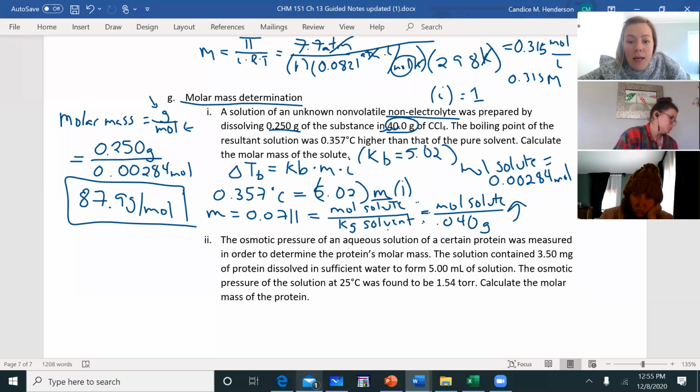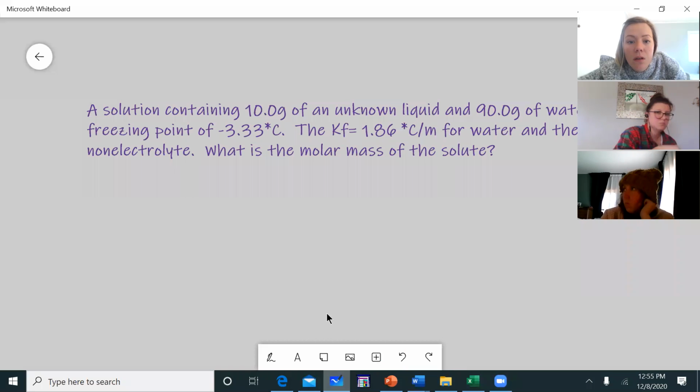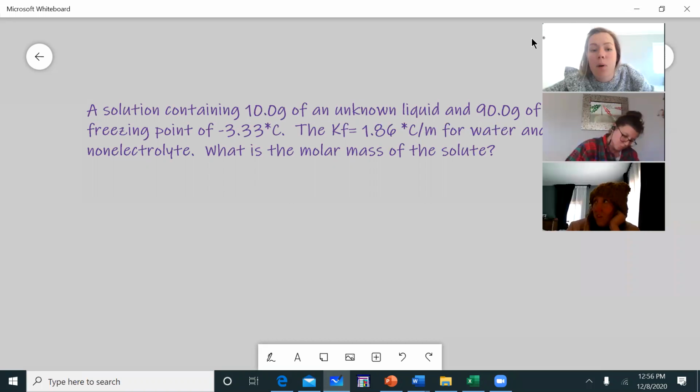So I want you to try another one of these right here. It says a solution containing 10 grams of an unknown liquid and 90 grams of water has a freezing point of negative 3.33 degrees Celsius.